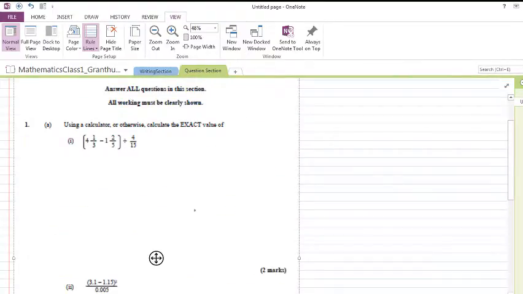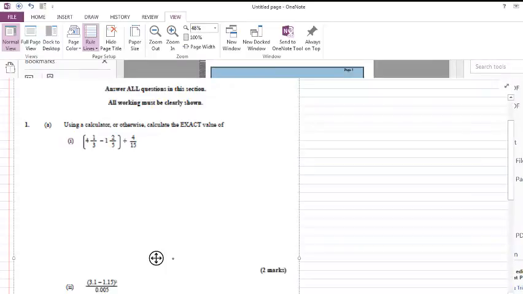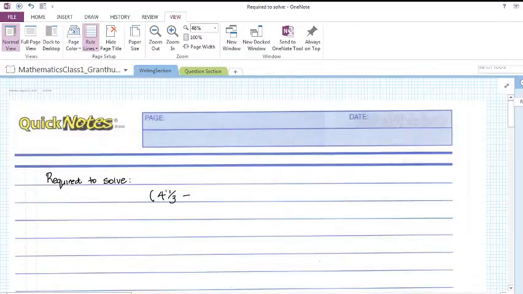Minus 1 2/5 divided by 4/15. That's the sum we have gotten. Now let's see how we're going to solve this.